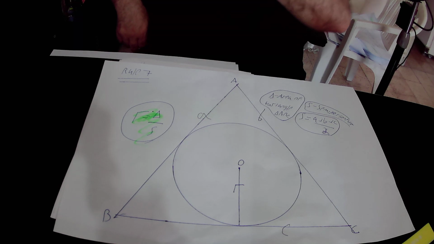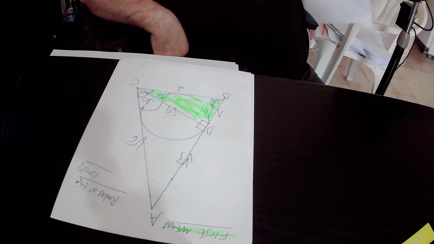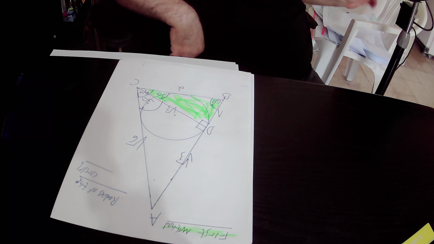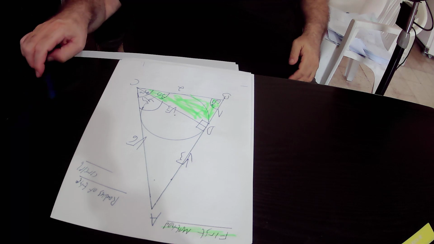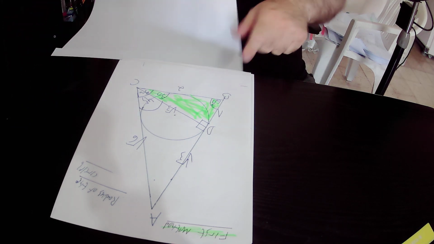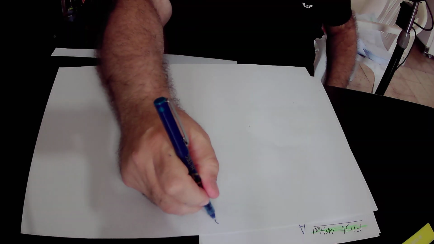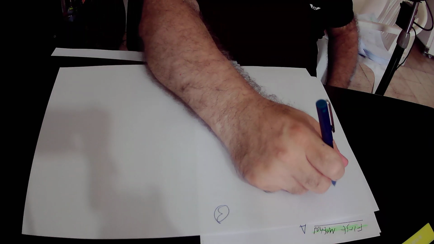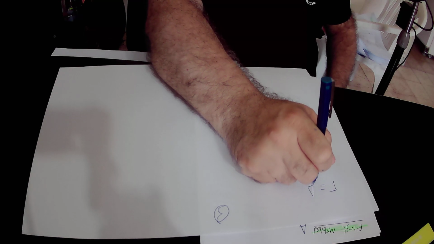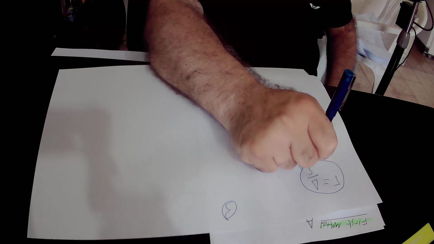Okay, so we use this formula in order to find out the radius of our circle. That is the radius that we are looking for. Okay, so here the radius of this circle that is inscribed by triangle ABC is equal to the area of triangle ABC over the semi-perimeter of triangle ABC.